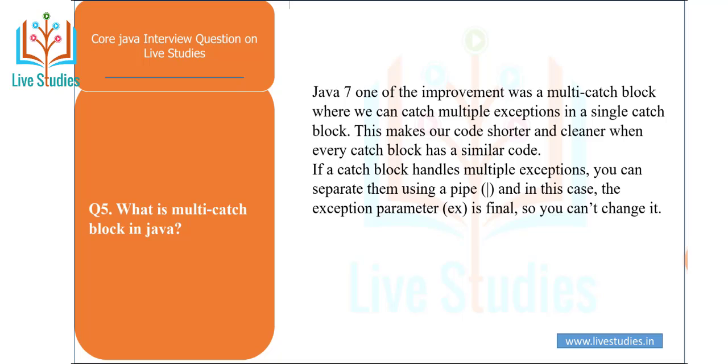Another question is, what is a multi-catch block in Java? In Java 7, one of the improvements was the multi-catch block, where we can catch multiple exceptions in a single catch block. This makes our code shorter and cleaner when every catch block has similar code.